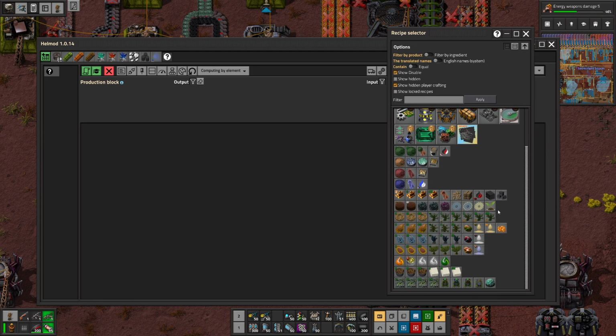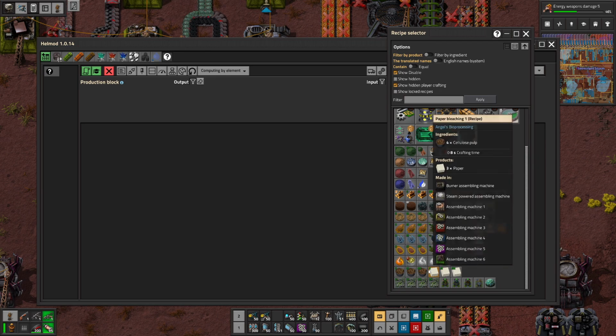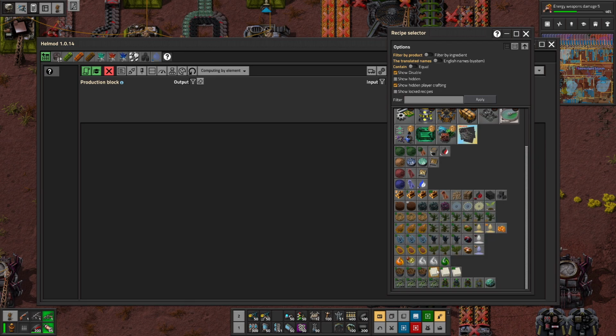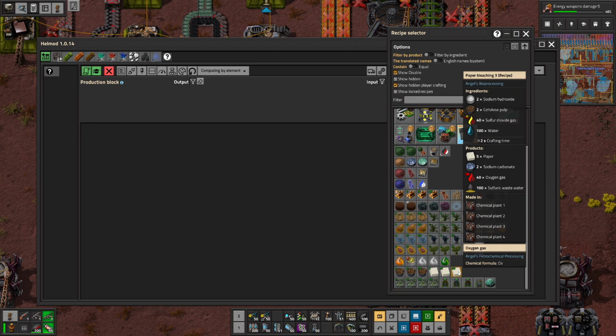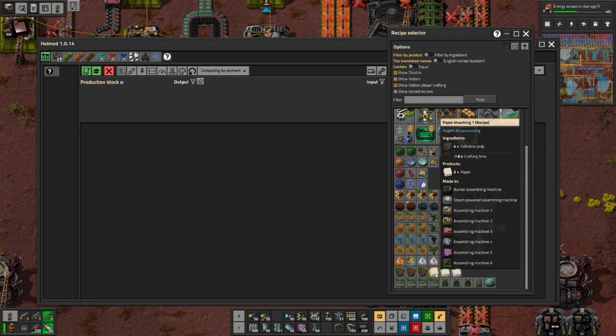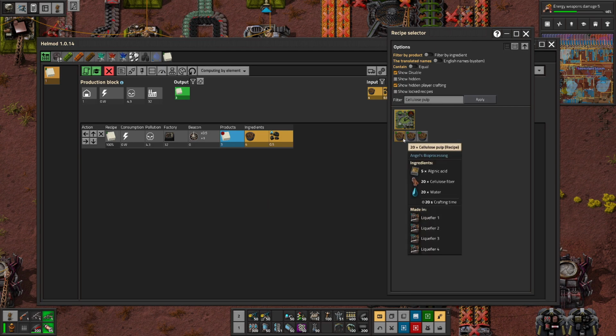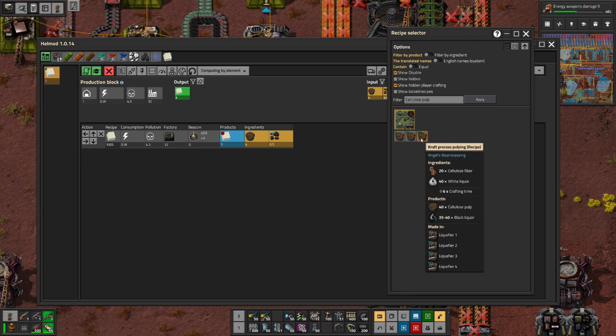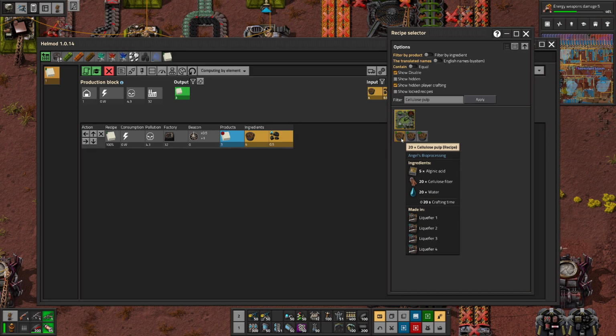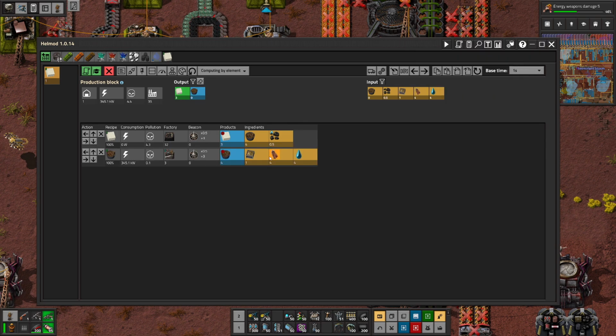Is there a recipe for paper that uses wood? Well, yes. In theory. Sodium hydroxide, cellulose pulp, sulfur dioxide gas, and water. Cellulose pulp. We can make cellulose pulp. Alginic acid.